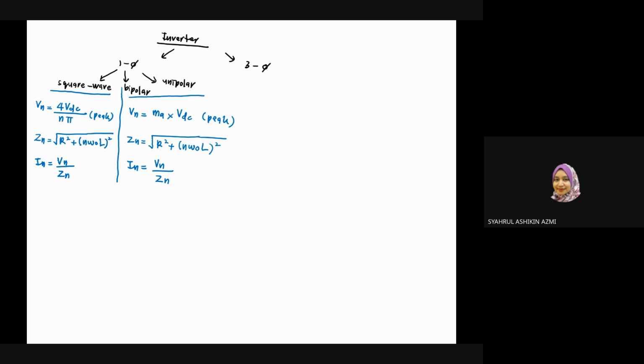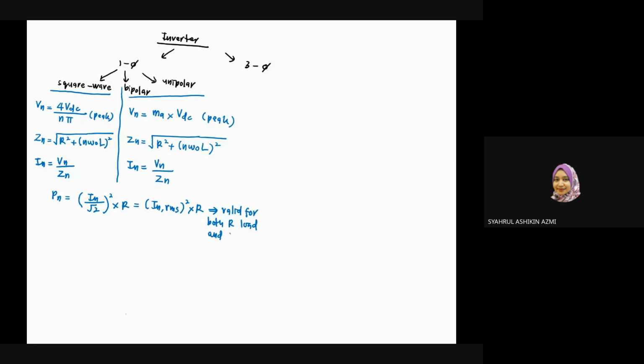And then in terms of the power, both inverters, using square wave or PWM, will use the same equation for the output power. If your current is in peak value, you need to change it to RMS, or if your current is already in RMS, it is just I squared multiplied by R. This equation is valid for both R load and RL load.